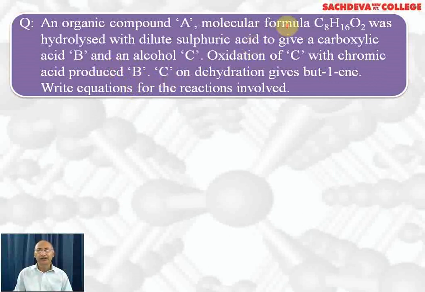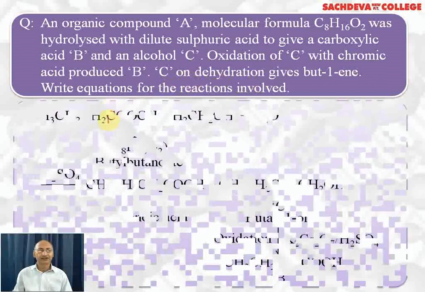And total carbon atoms are 8. So it means each of the alcohol as well as the carboxylic acid contains 4 carbon atoms. C on dehydration gives butene. That also confirms that our alcohol contains 4 carbon atoms. Write the equation for the reaction involved.